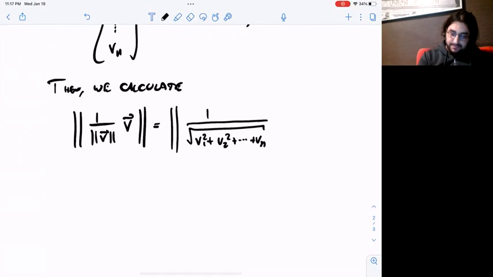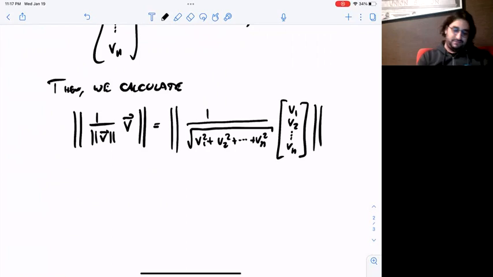My first step is to write out the definition of magnitude. While I'm at it, I'm also going to rewrite v using its components, just plugging in all the symbols inside.